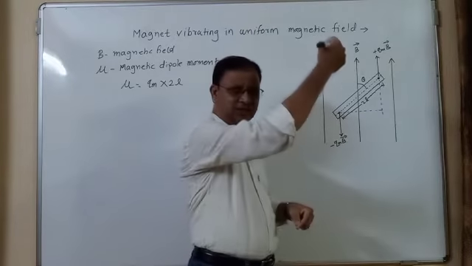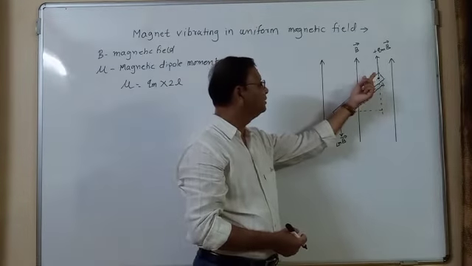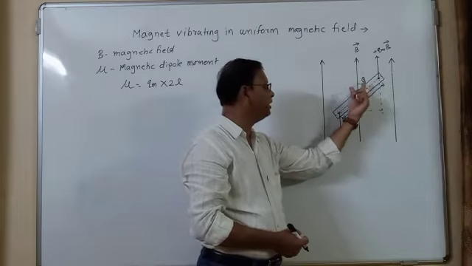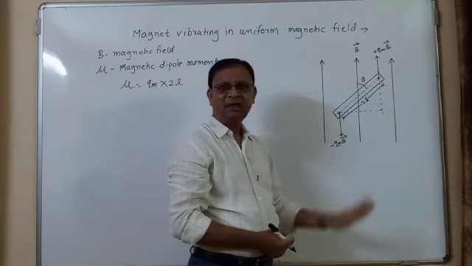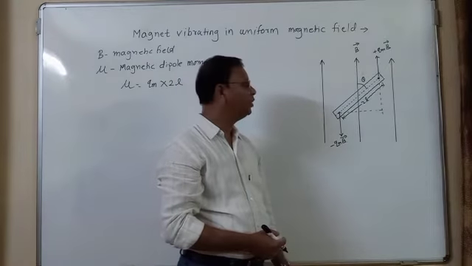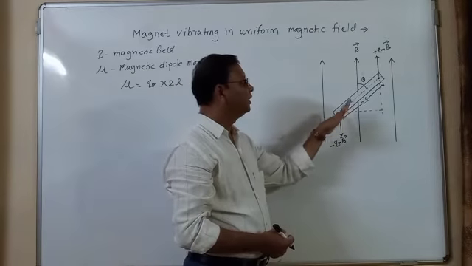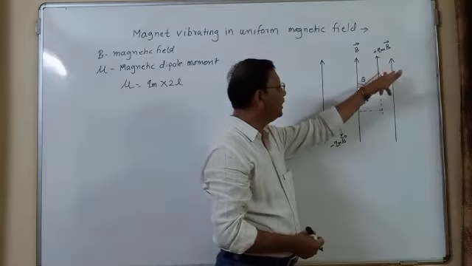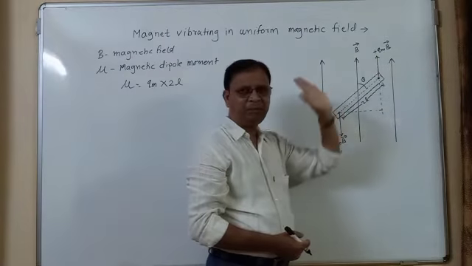These forces act as a torque which tries to rotate the bar magnet in the direction of the applied magnetic field. The force acting on a magnetic pole is Qm into B.